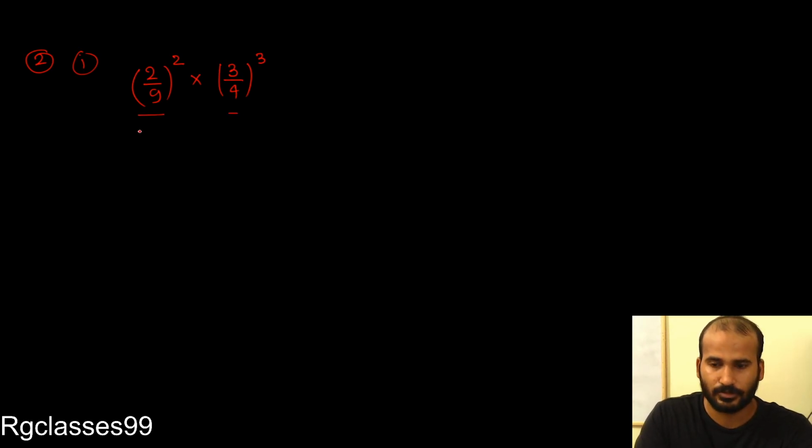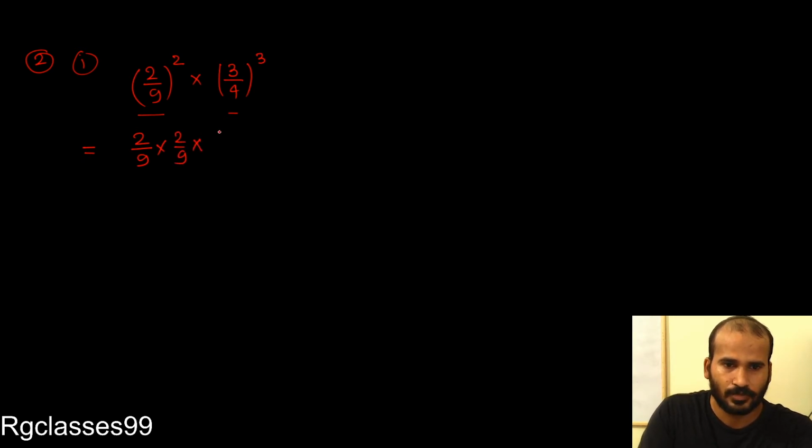So what you have to do is expand this term in the form of exponents. So (2/9) into (2/9), this is multiplication, so simply into (3/4) into (3/4) into (3/4). Why? Because the power is 3. That's why I am doing this. Okay, just look at this. Next you have to write it like that.